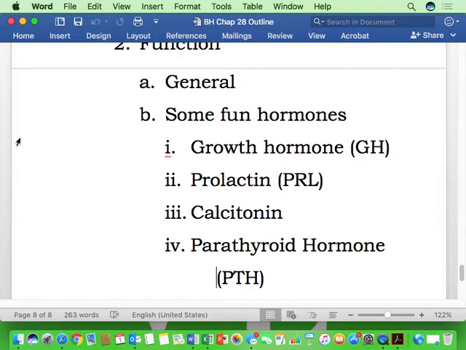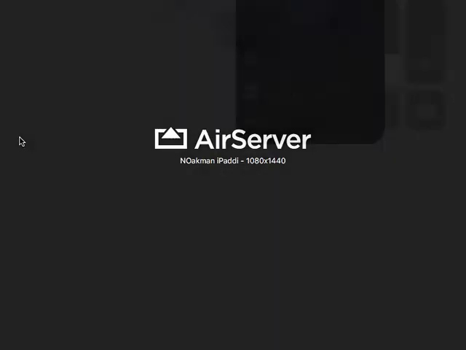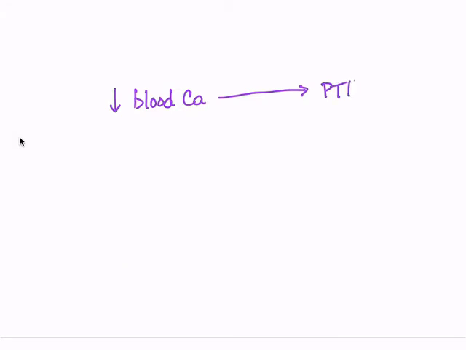And so once again, we have a negative feedback mechanism. If we have low blood calcium, we start producing parathyroid hormone.